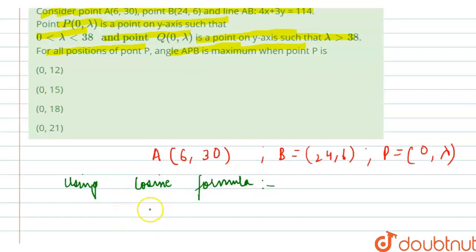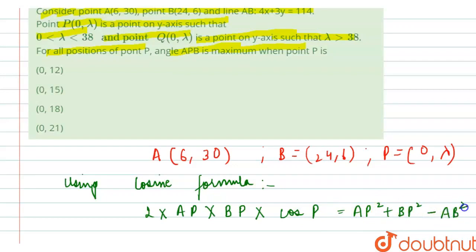In this case it would be twice of AP into BP, the distances with respect to point P, into cos of P, because we have to find the cos of angle P. So cos of P would be equal to AP square plus BP square minus AB square.